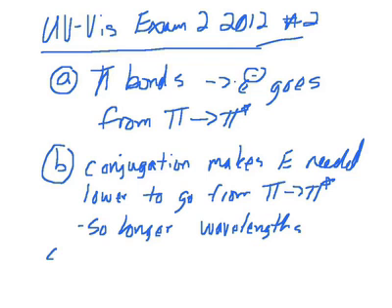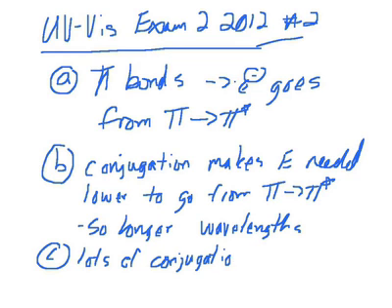Why are some things colored? They absorb visible light. What does that have to do with UV-Vis? Lots of conjugation. What's higher in energy, UV light or visible light? UV is higher in energy. What has longer wavelengths?